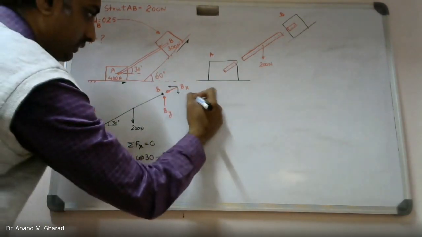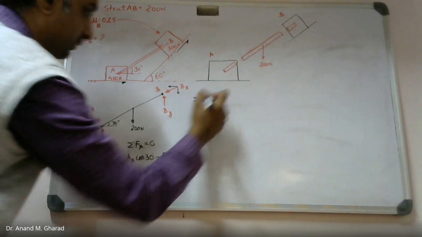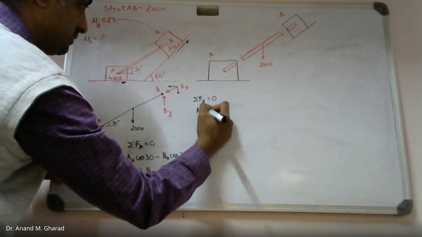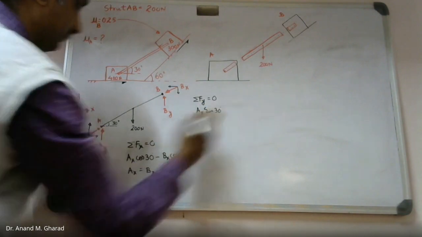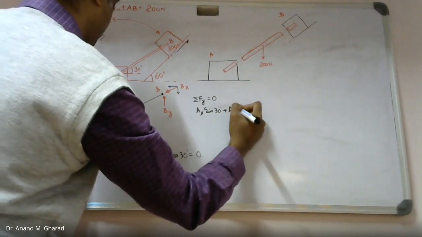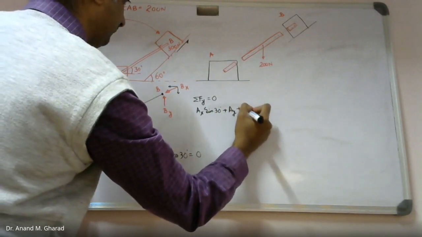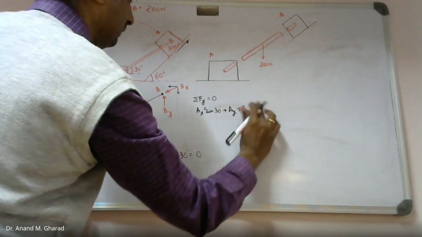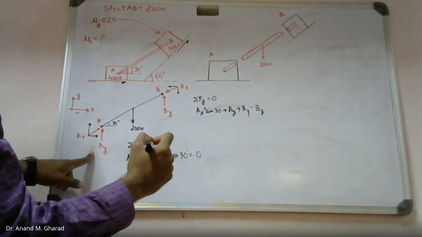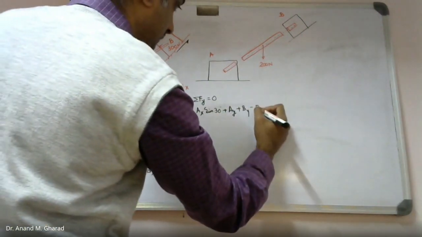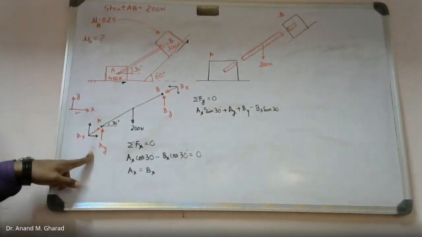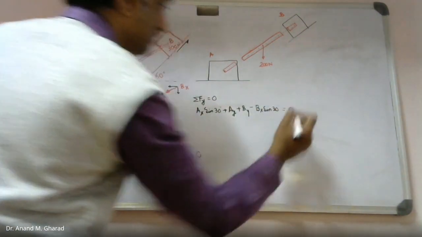Second, summation of forces in y direction equal to 0. So how many forces? Ax sine 30 plus Ay plus By minus Bx sine 30 equal to 0.